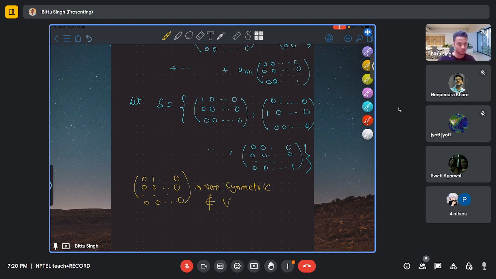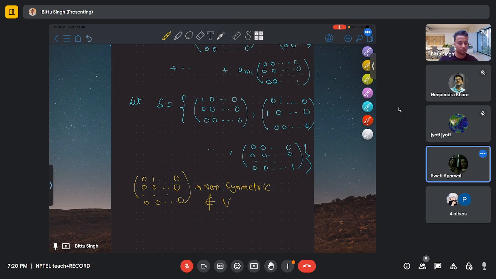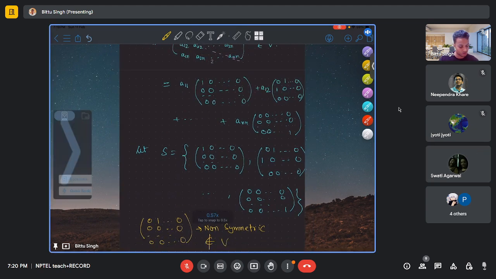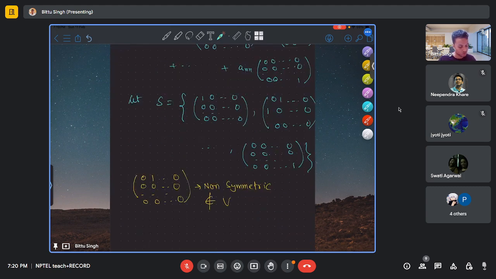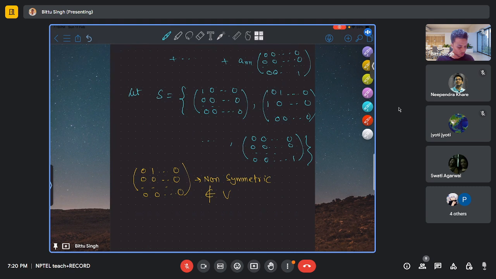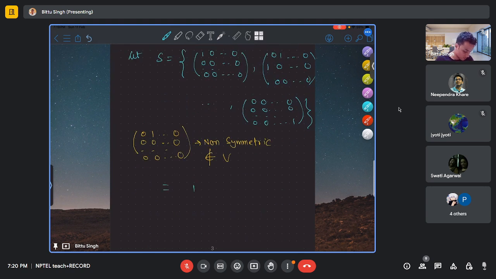So you cannot take the span of Eij's. You need to modify this. So if you choose any arbitrary element, you can write it as a linear combination of those matrices. What are those matrices? Notationally it is the same as Eij.